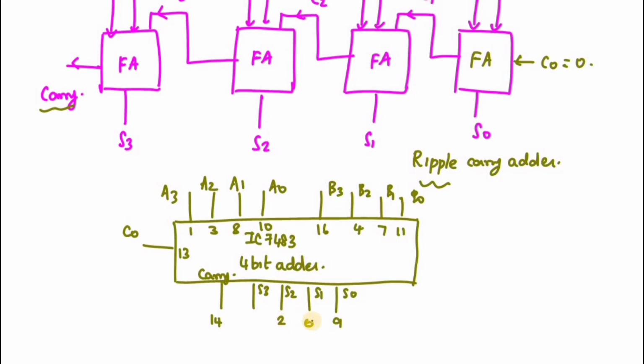You can see it is a 16-pin IC. Starting from 1, 2, 3, 4, what happened to 5? 5 is VCC. For this type of IC you require a supply and ground. So 5 represents VCC, and 12 represents ground. It is generally a 5-volt supply.